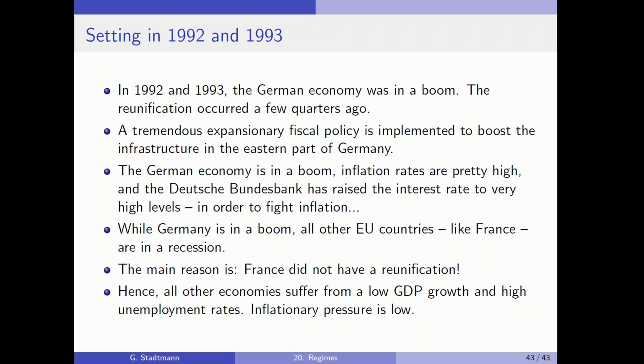While Germany is in a boom, all other EU countries like France are in a recession. The main reason is that France did not have a reunification. And hence all other economies suffer from low GDP growth and high unemployment rates. The inflation pressure is low.